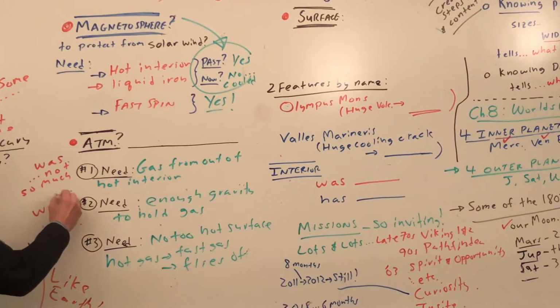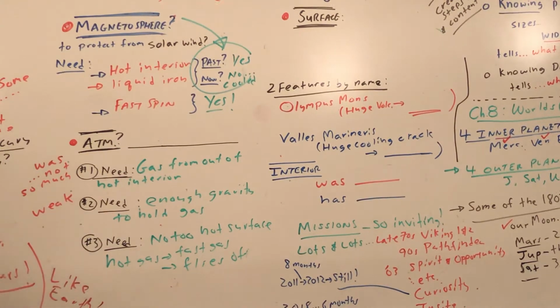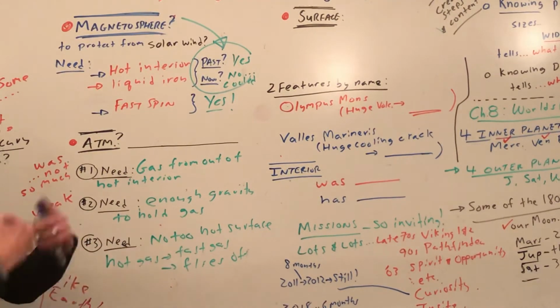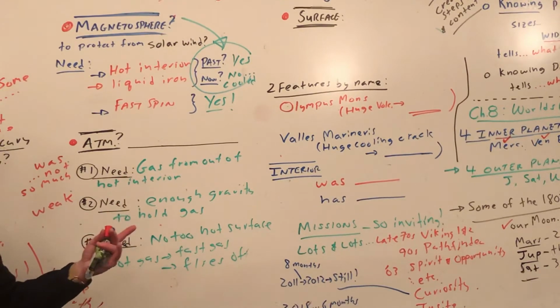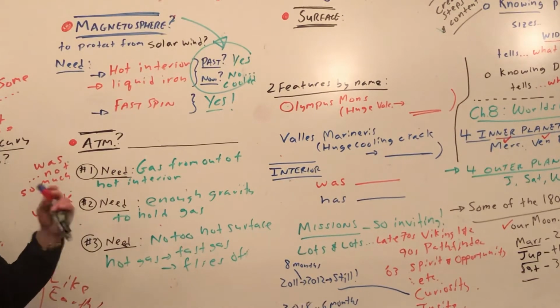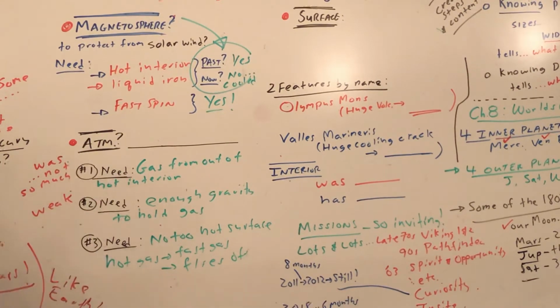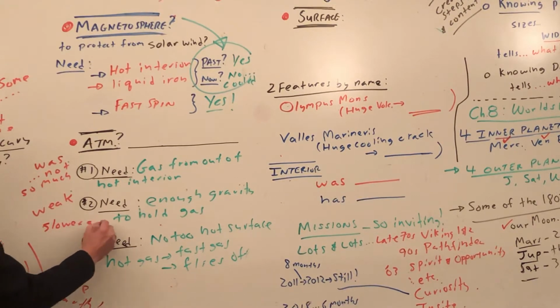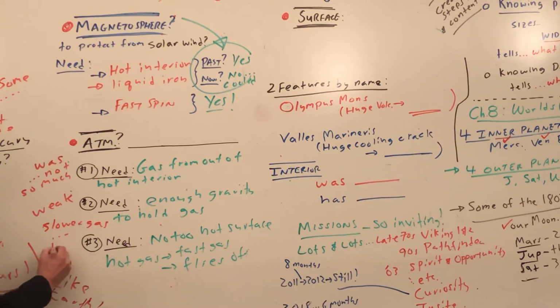It's weak, right? 1/3 of Earth's. But this one helps, right? Because it's farther away. And so as you get colder out, the gas gets colder. If the gas gets colder, that means it's flying around more slowly. It's not going to tend to fly off. So slower gas, this helps. That helps a lot.